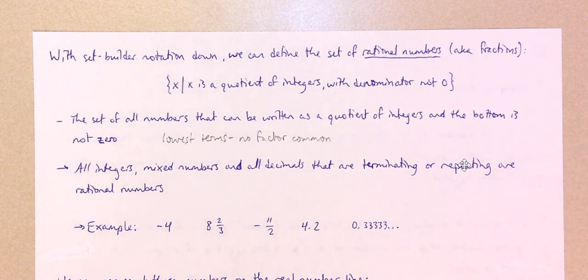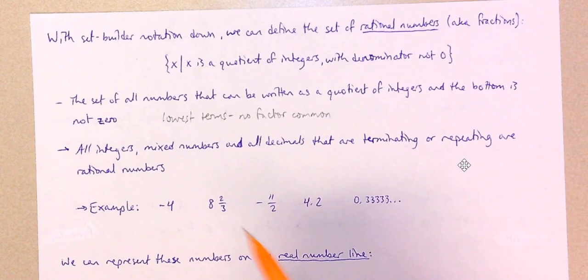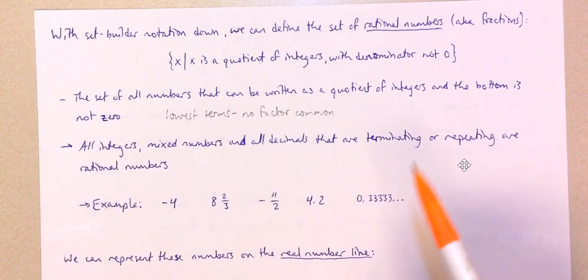But now, what types of numbers are rational numbers? Well, all of the integers are rational numbers. All mixed numbers, something like a whole number and then a fraction that's next to it, that's a rational number. And then all decimals that are terminating, as in they stop after a finite number of decimal places, like 2 or 3 or 5, or even 10, or an infinite decimal where the pattern is repeating.